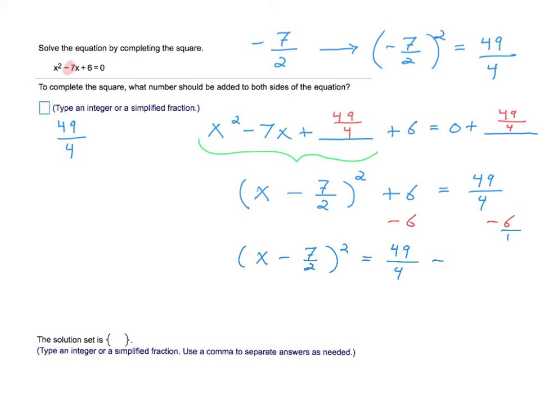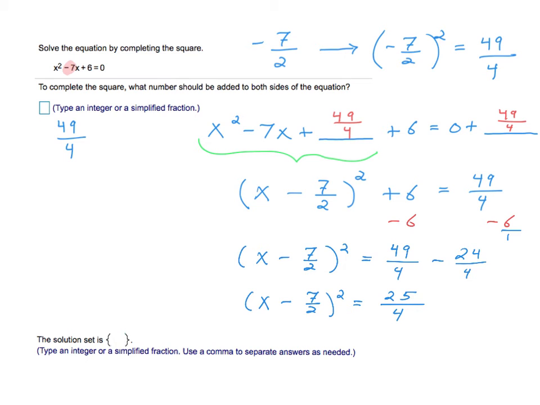The common denominator is going to be 4. So if I multiply the top and the bottom by 4, I get 24/4. So I've got to simplify this. That's x minus 7/2 squared is equal to, and if I subtract the numerators, 49 minus 24, I get 25/4.